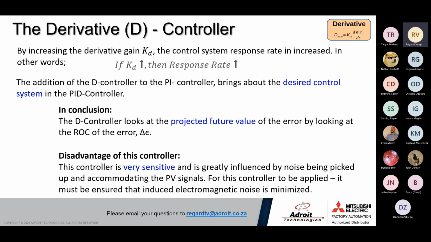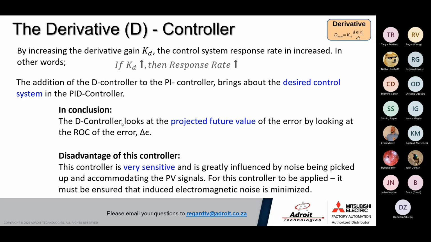So your valve will never reach a point where it will be stable or off for a long period. It will continuously try to chase that error. So that is something to keep in mind if your system is too accurate or too aggressive.